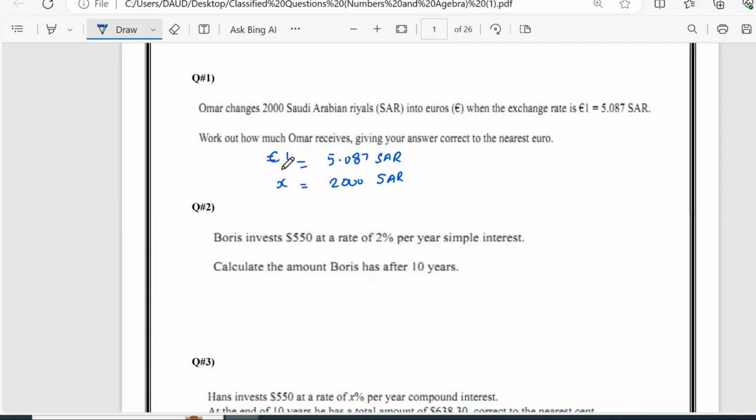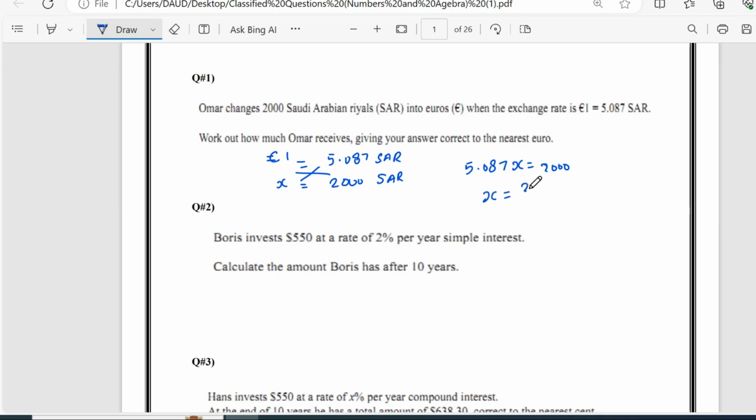So we don't know the euro. I will suppose it to be x. Just cross multiply, and we will have the next step: 5.087x equal 2000.